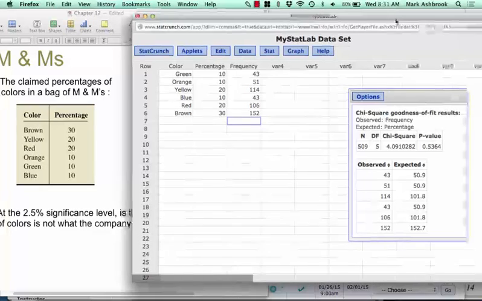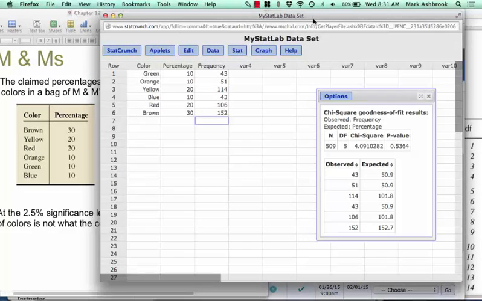So for this particular example, chi-square is 4.09. Everyone write that down. The p-value is 0.536. So our test statistic, chi-square naught, is 4.091. P-value is 0.5364.